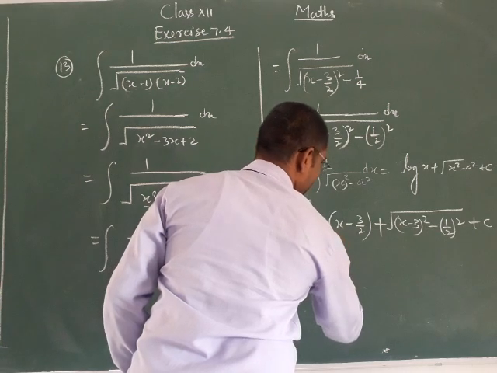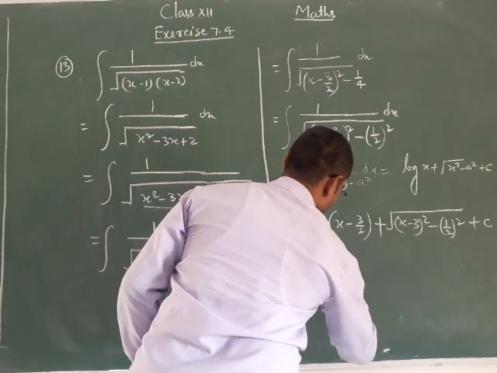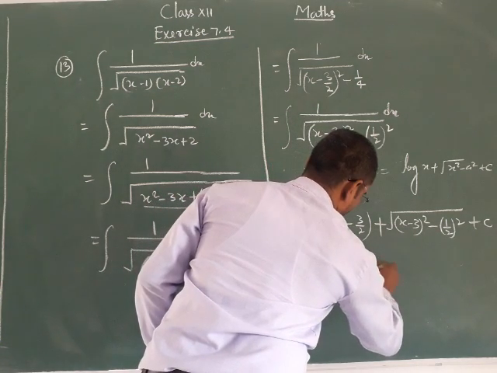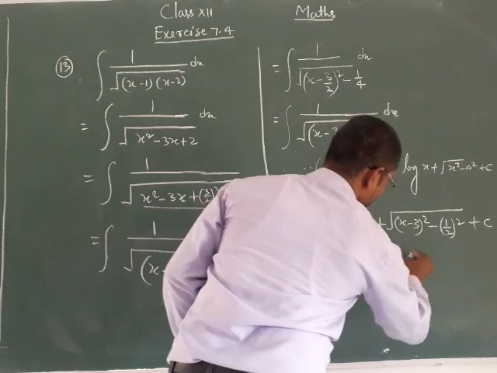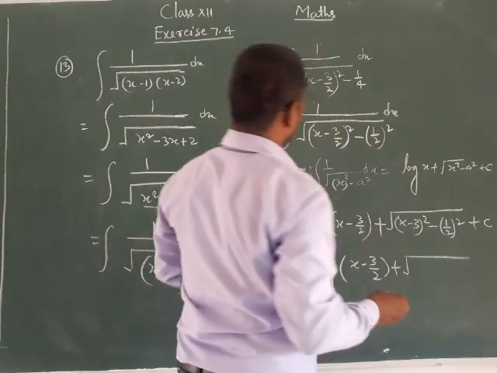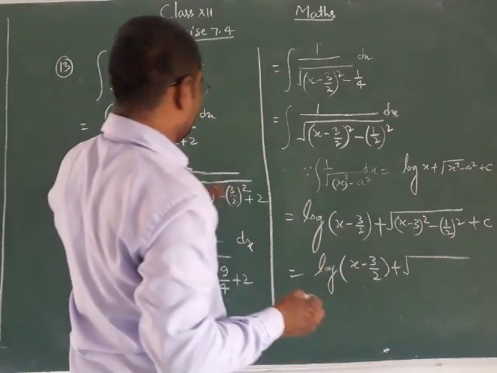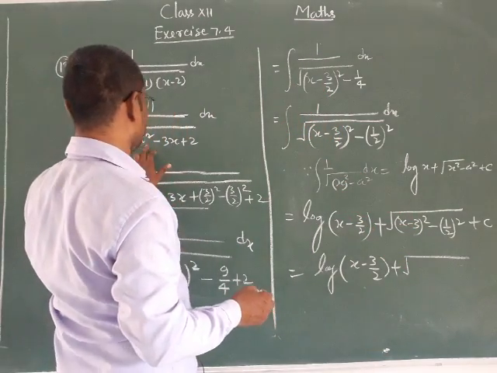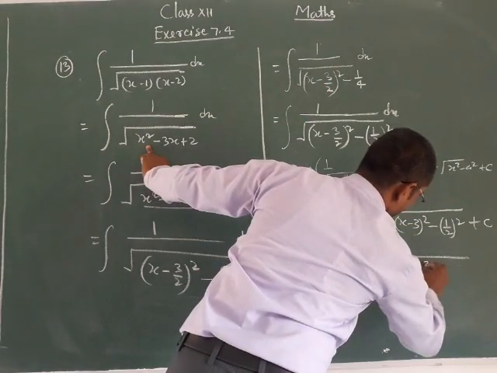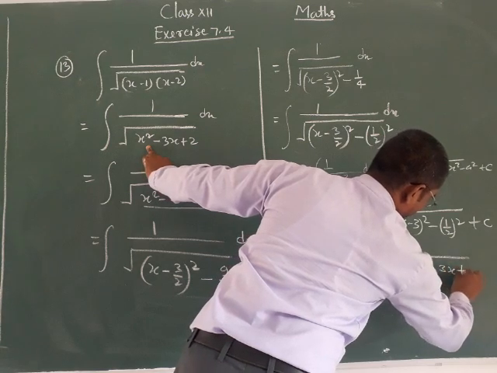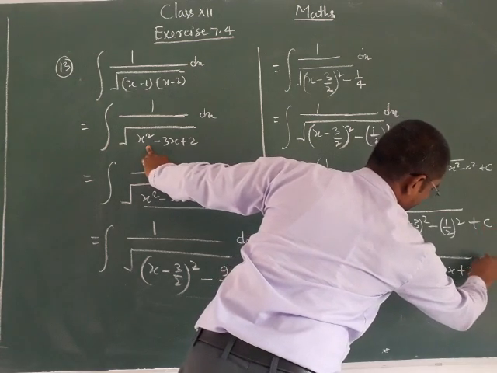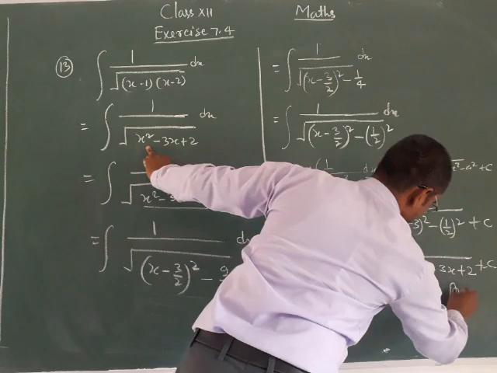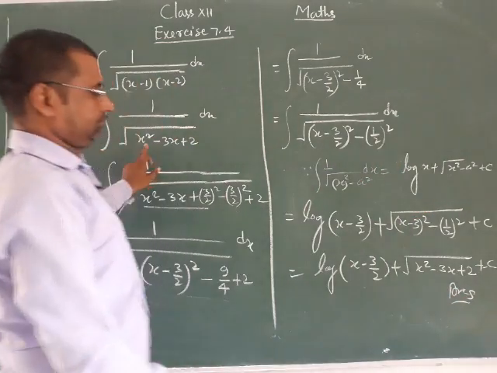Also you can change log x minus 3 by 2 and plus root. You can solve, so we get this x square minus 3x plus 2, its original. So this is the answer.